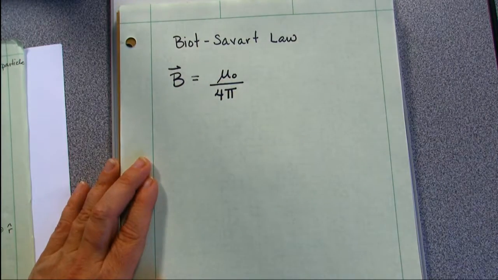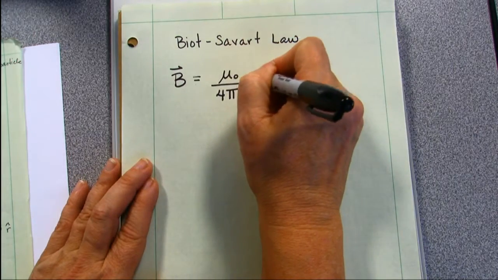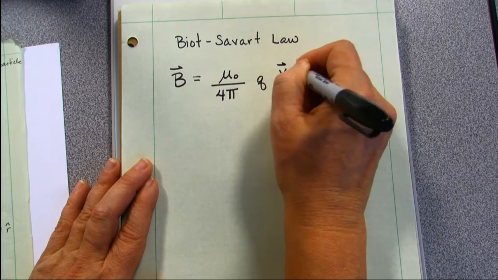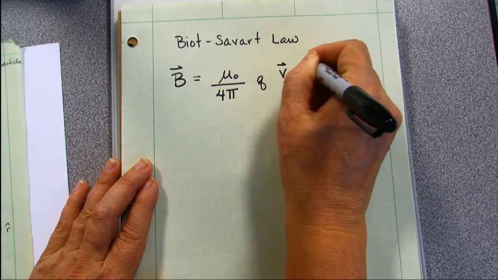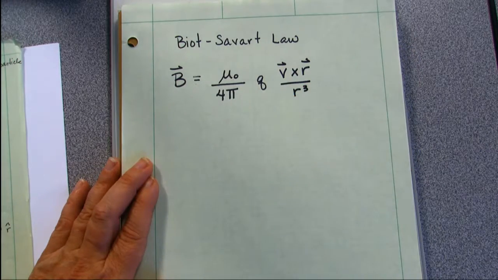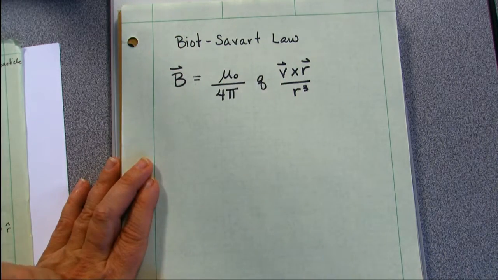We happen to know it's my permeability of free space divided by 4 pi, my charge, and it's going to be the velocity crossed with r like this. And this is for a point charge. This is the Biot-Savart law for a single charged particle in a magnetic field, for a point charge.